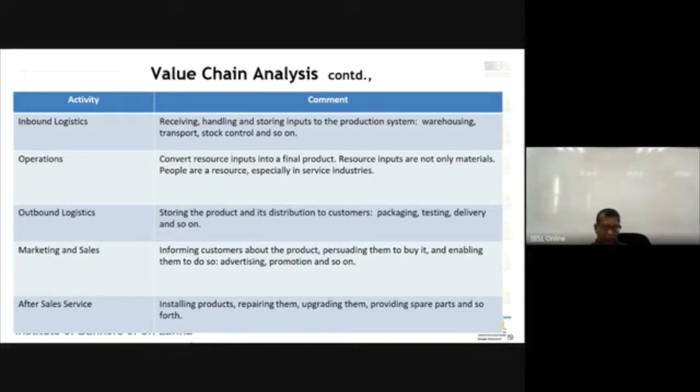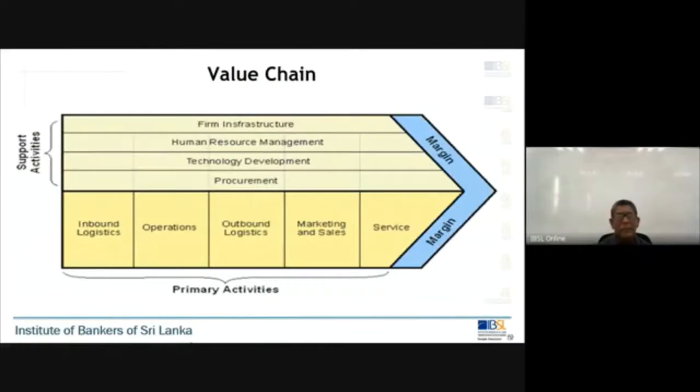Some products like AC, right? We need to give some after-sales services. Now this is how the business activities take place. Margin means some sort of a profit you're keeping. So these are the primary activities, basically the core functions of an organization. Any organization will have these things.